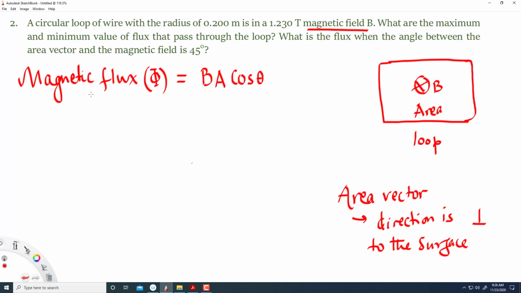It also tells us how much magnetic field is passing through some area.